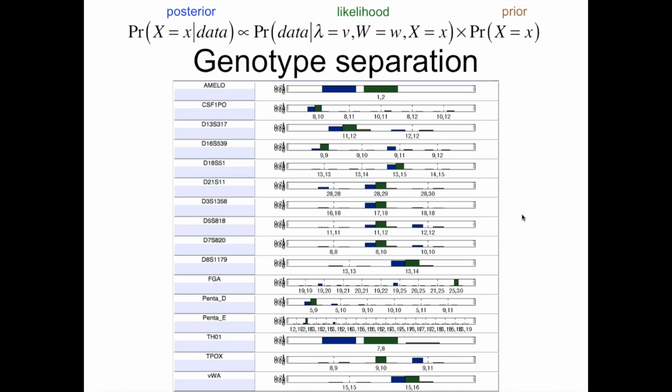So here the blue bars are showing the posterior probability, the inferred genotype probability of each contributor. The green bar, in the middle, is showing the suspect's genotype when a comparison was made, and the brown bar, which is very low on the right, is the population probability.